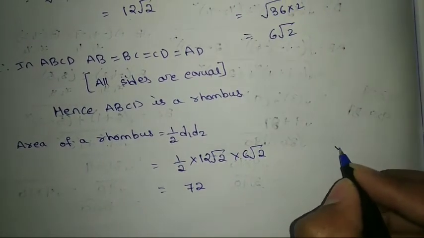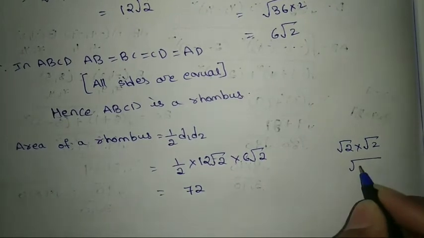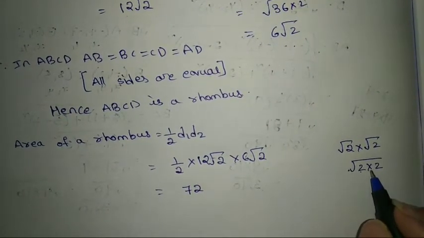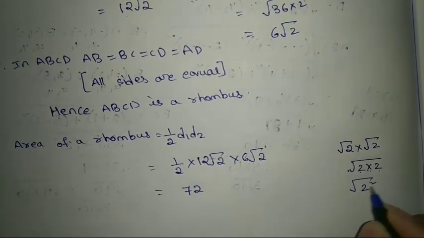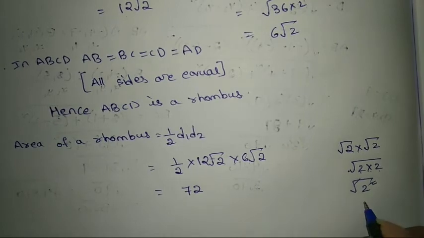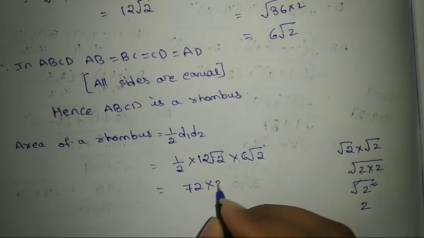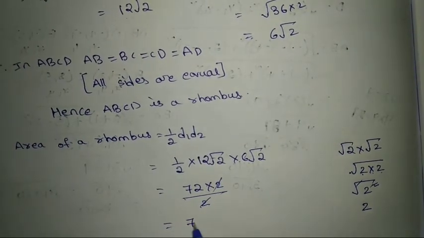Root 2 into root 2. So we can write this as root 2 into 2. Root 2 square. Here square and root are cancelled. We got 2. Okay. So here into 2 by 2. 2 and 2 are cancelled. We got 72.